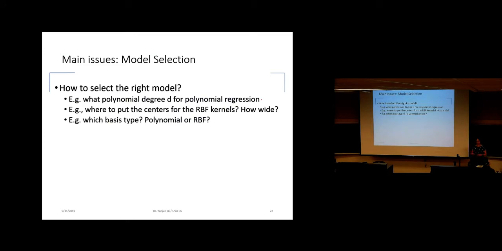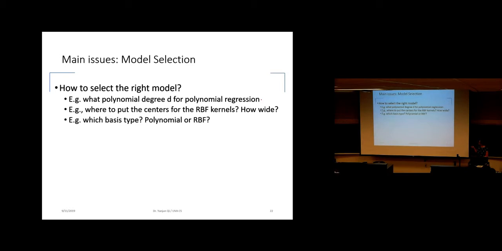The more general issue is called model selection. What I mean by model selection: we haven't learned a lot of things yet, right? We only learned linear regression, polynomial regression, and RBF regression. But even though we only learned so little, we already had so many choices to make.